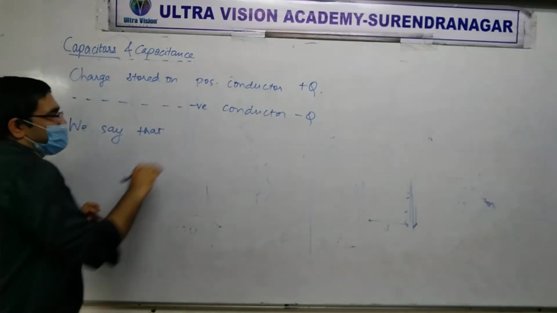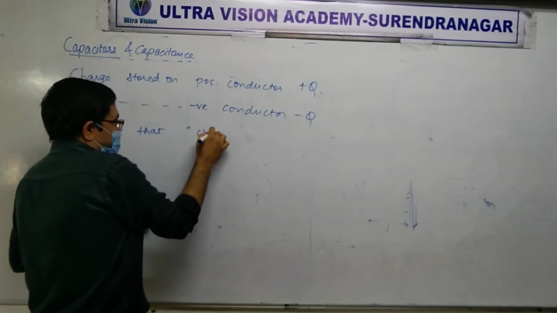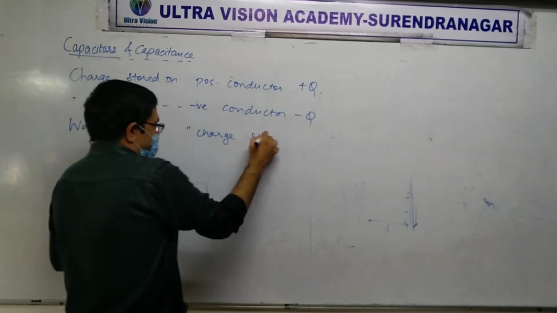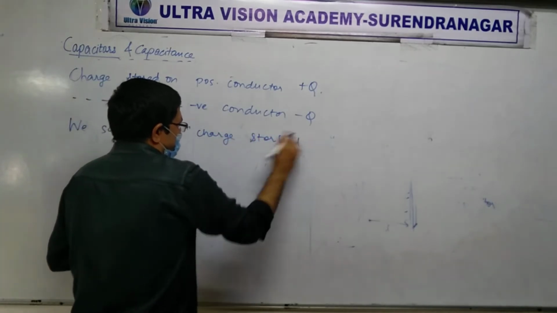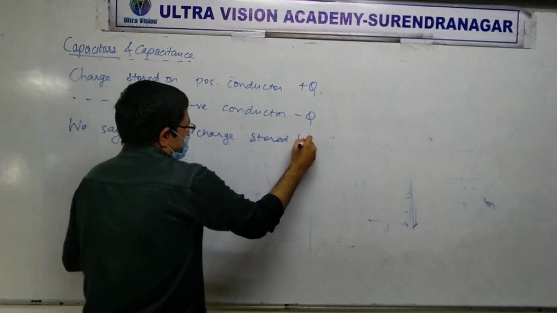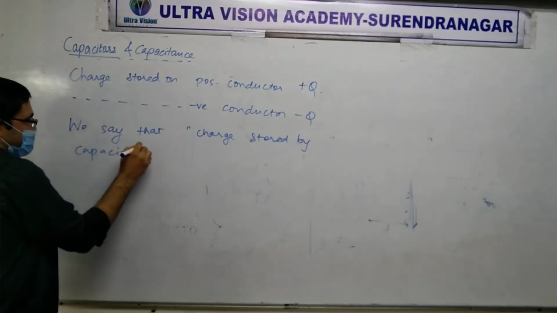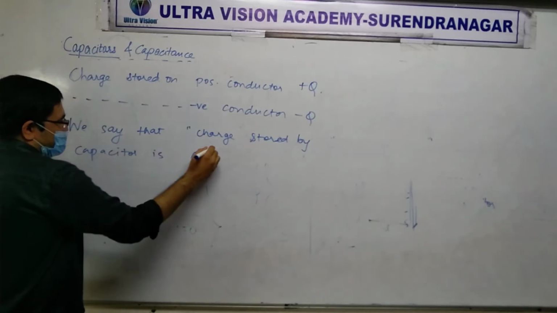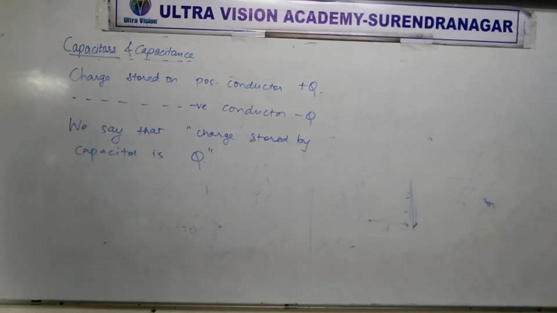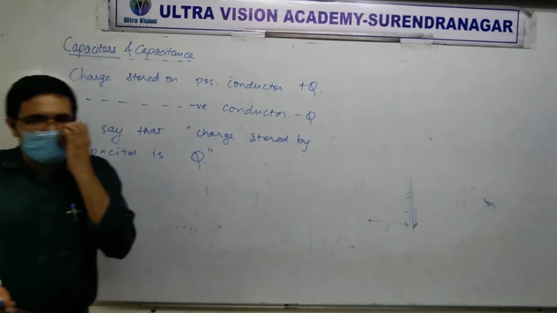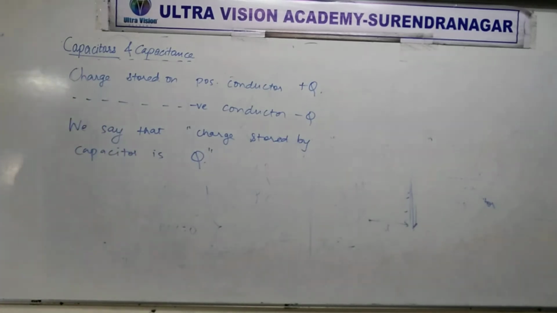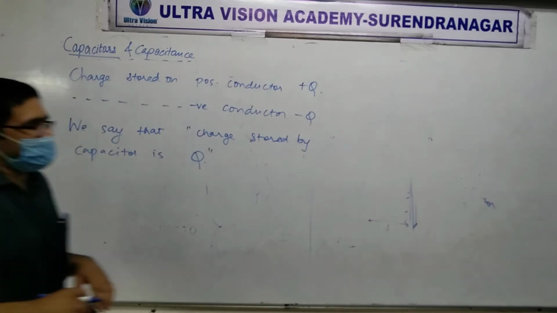We say that the charge stored by the capacitor is Q. If one conductor is storing plus Q charge and the other is storing minus Q charge, then we say that the charge stored by the capacitor is Q. Let me give you an example.